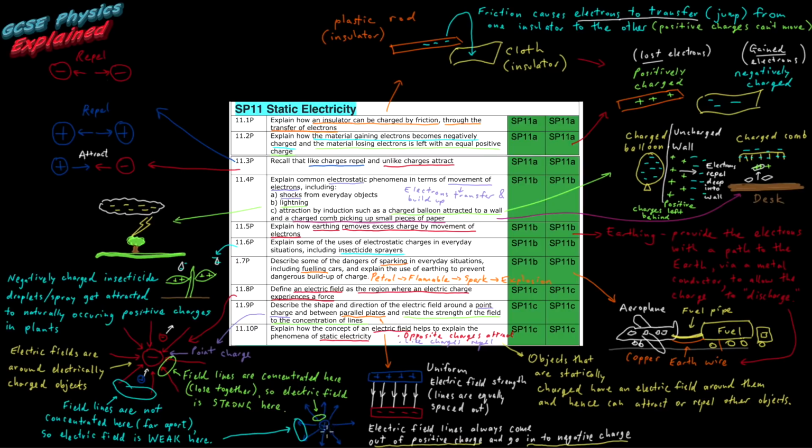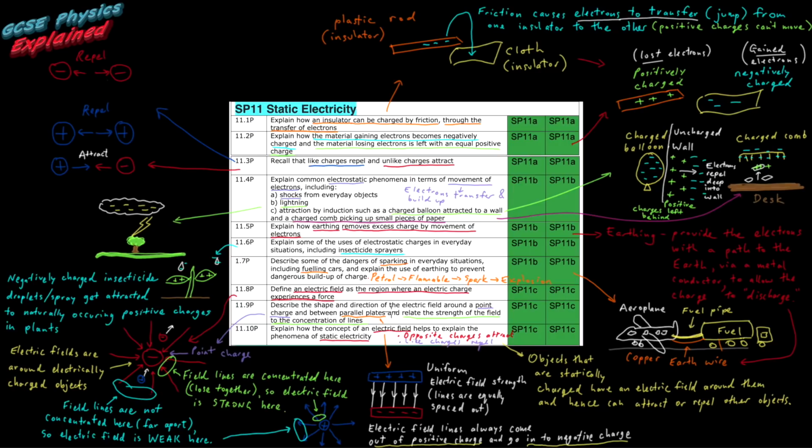It's the same way as a magnetic field comes out of the north pole of the magnet and goes in to the south pole of the magnet. So it's the same sort of concept. Now, if you put a little charge inside that electric field, it will experience a force. Because this charge is negative and the main charge is negative, these are going to repel away. And if you've got a positive charge here, then obviously that's going to get attracted.